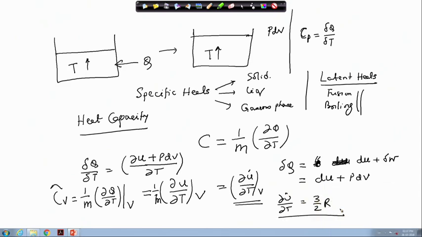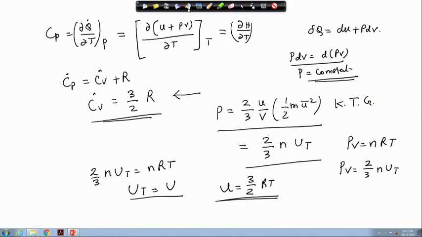This is important because based on this you can get a first approximation for the Cv values of a gas, and then you can similarly get an expression for Cp, which turns out for ideal gases to be equal to 5 by 2 R. Why are we doing all this?